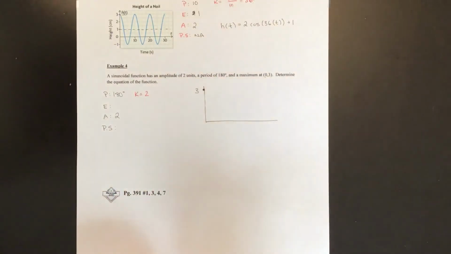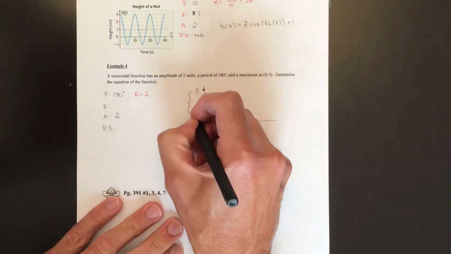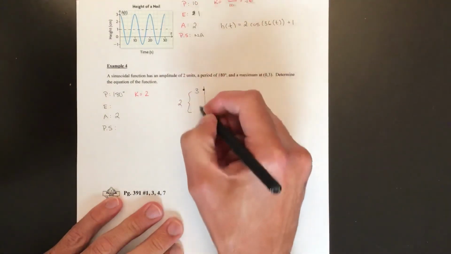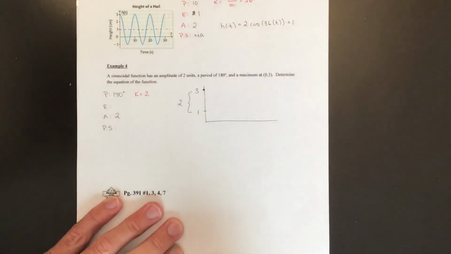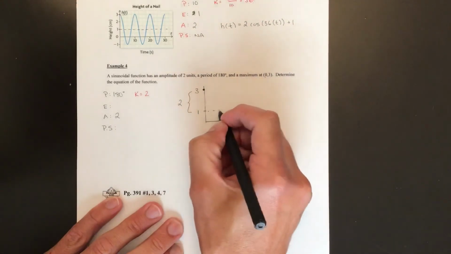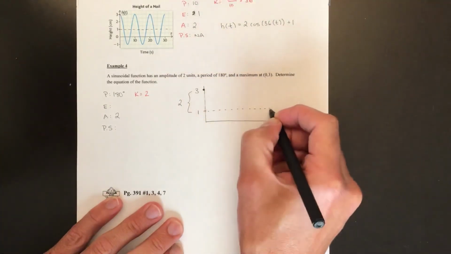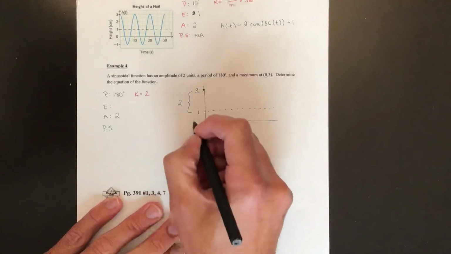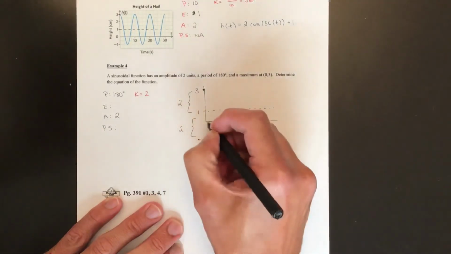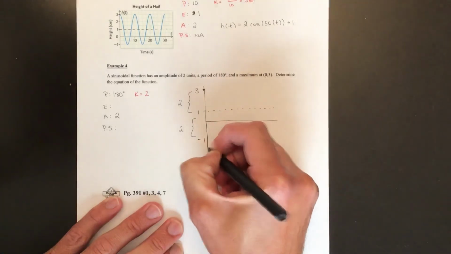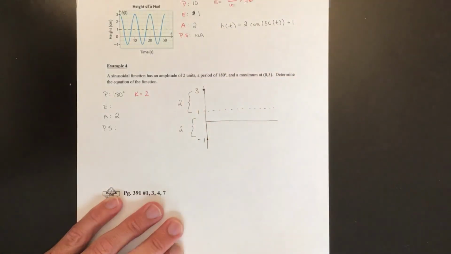Amplitude is the distance from the equation of the axis to your maximum point. So if that's my maximum, if I go down 2, it means that my equation of the axis, or the middle of my graph, occurs at 1. And if I go down another 2, the minimum of my graph, the bottom, has to occur at -1.